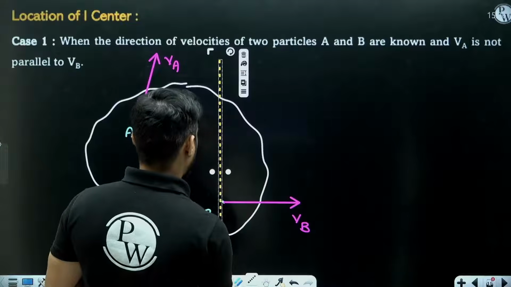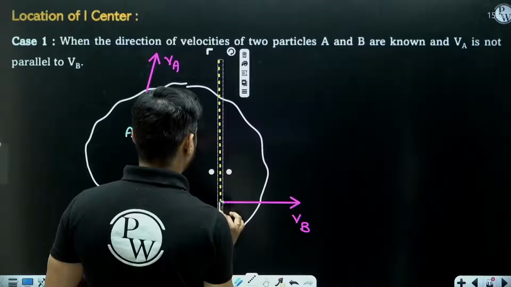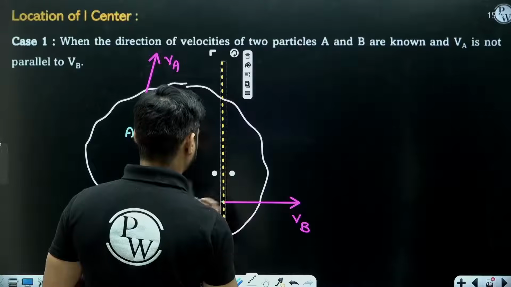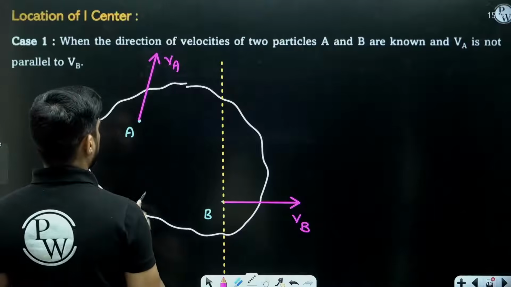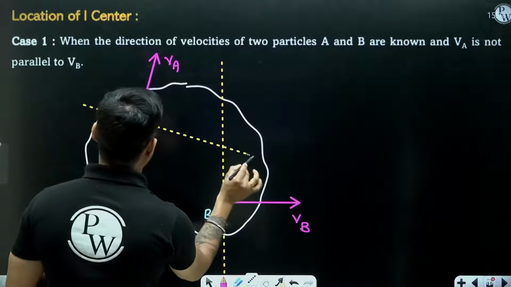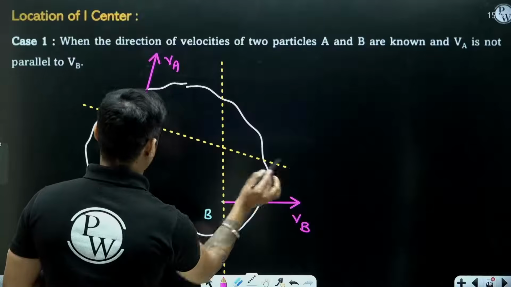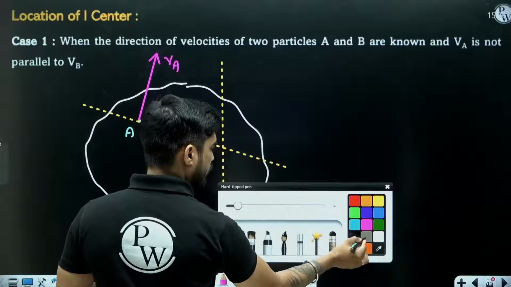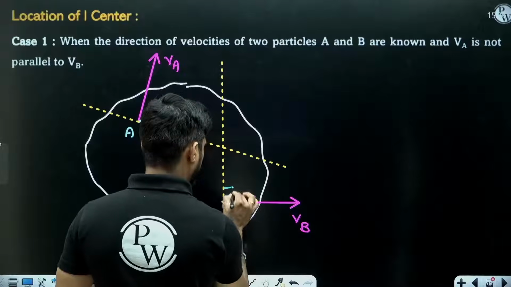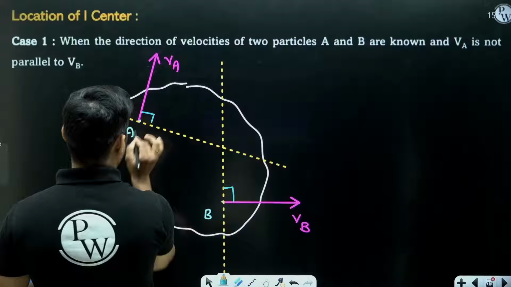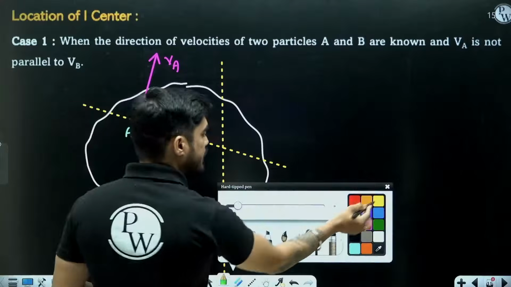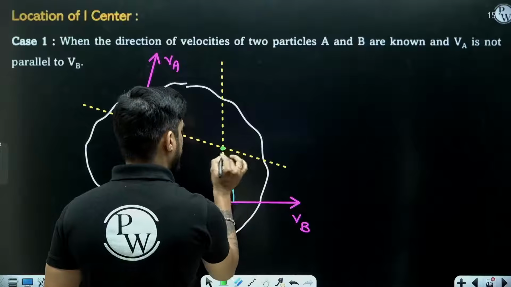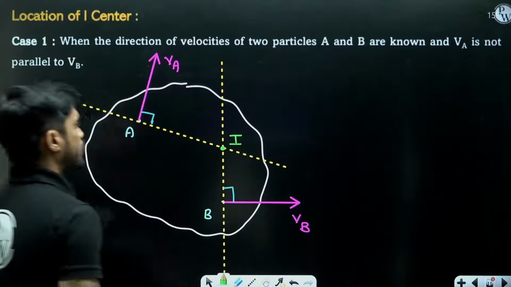This is a perpendicular line to VB passing through point B. Then I will draw a perpendicular line to VA passing through point A. You can see that this is perpendicular to this and this is perpendicular to this. Now the point at which both these perpendicular lines intersect is your I center.